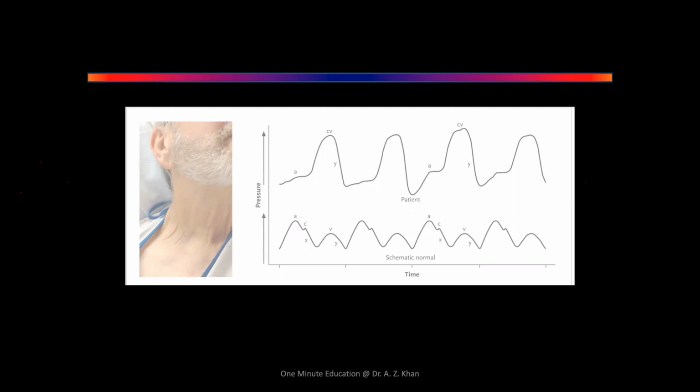Actually, this report is showing a positive sign. To describe the sign, I need the name of the sign. I need what is happening on that graph, the upper one. And the third mark is for the clinical condition in which this sign is seen.